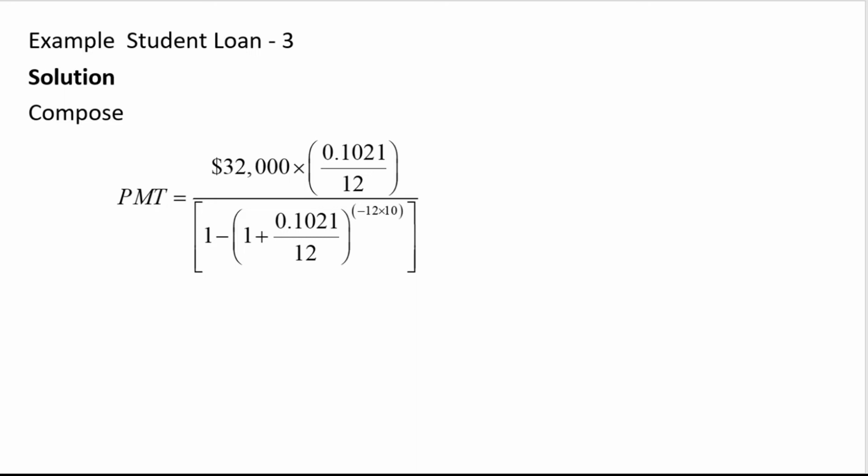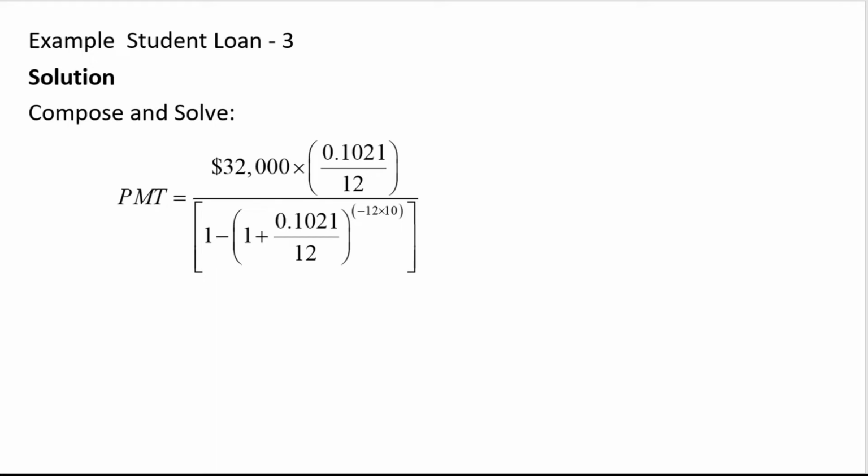So you have bracket 1 minus, open parentheses, 1 plus, and then 0.1021 divided by 12, close parentheses, raised to the power of the product of negative 12 times 10. Now your equation is composed. Solve each of the parts separately using your calculator.